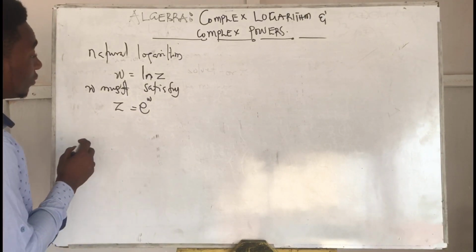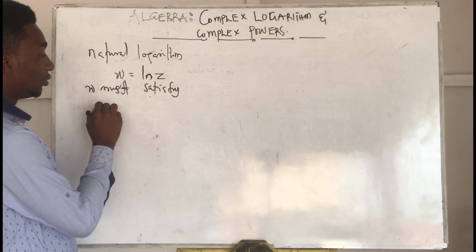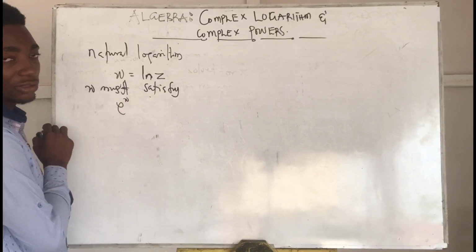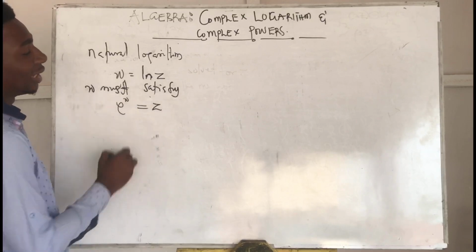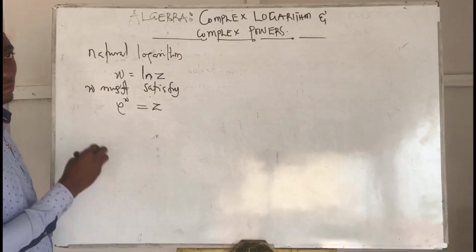So that is to say, anytime you have W equal to ln Z, then e to the power W is equal to Z. Why?